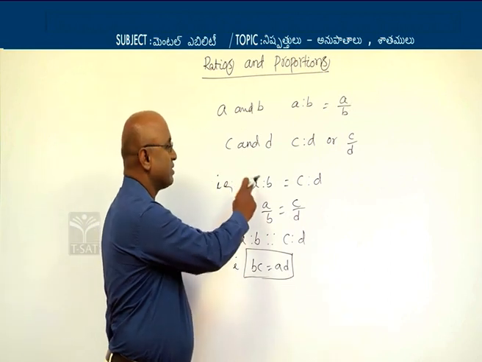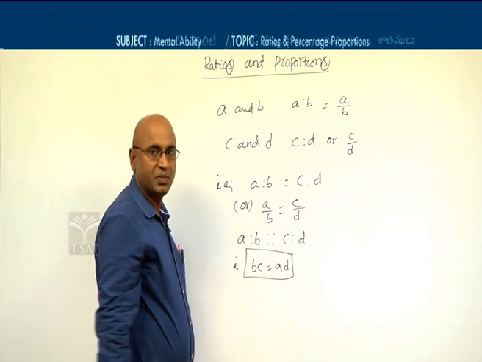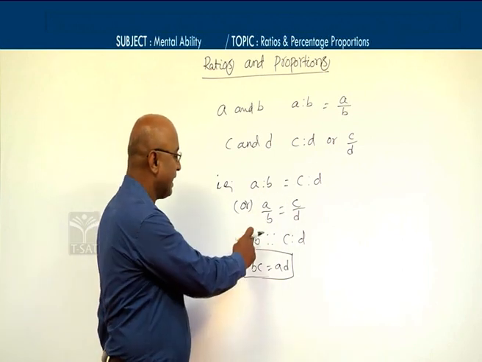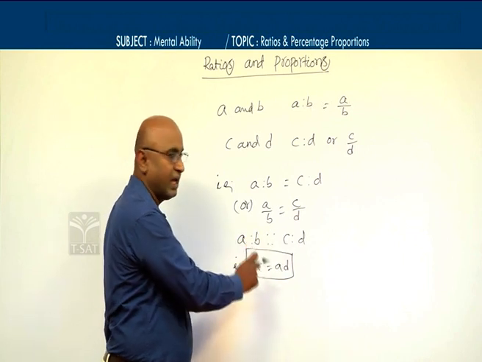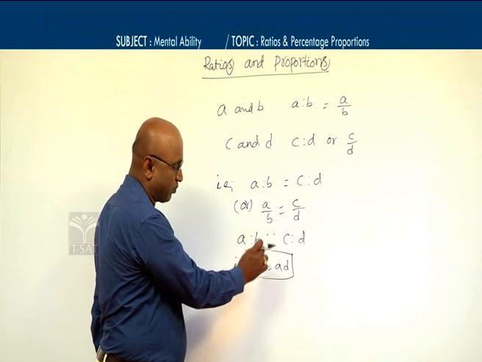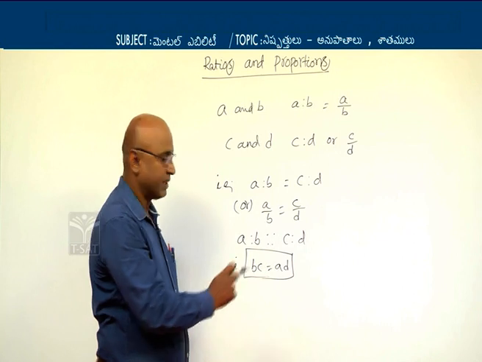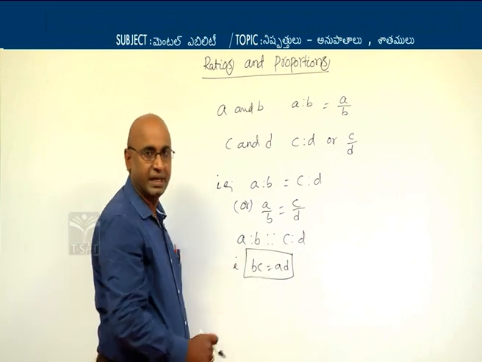So if two ratios, A is to B and C is to D, are equal, they are said to be in proportion and can be written as A is to B as C is to D. If two ratios are in proportion, the property is the product of means is equal to the product of extremes, that is BC equal to AD.